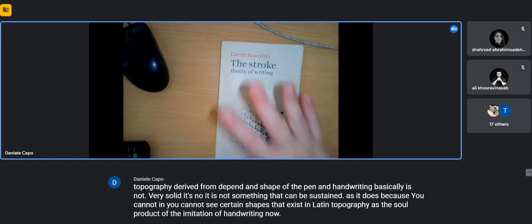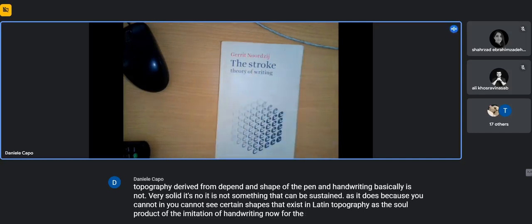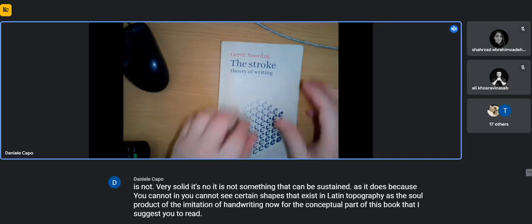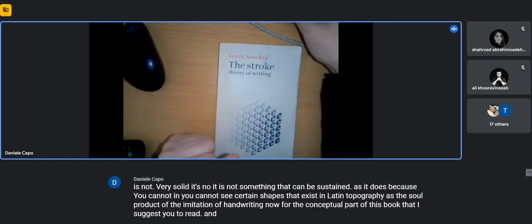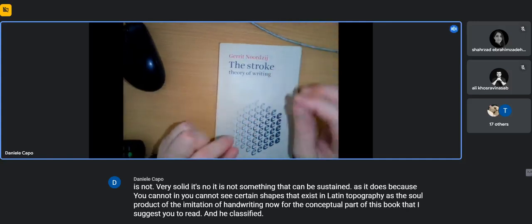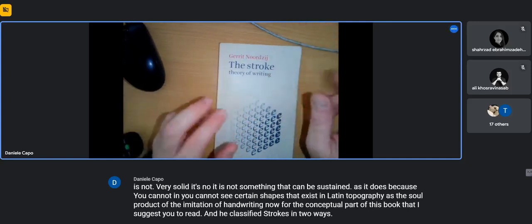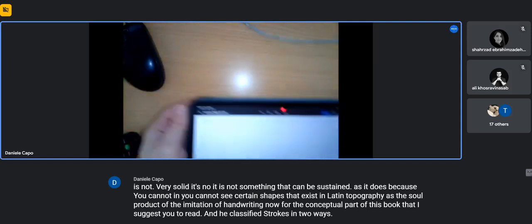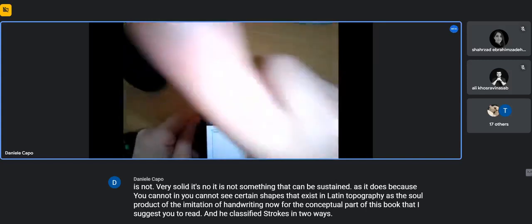Now, for the conceptual part of this book that I suggest you read, he classifies strokes in two ways.